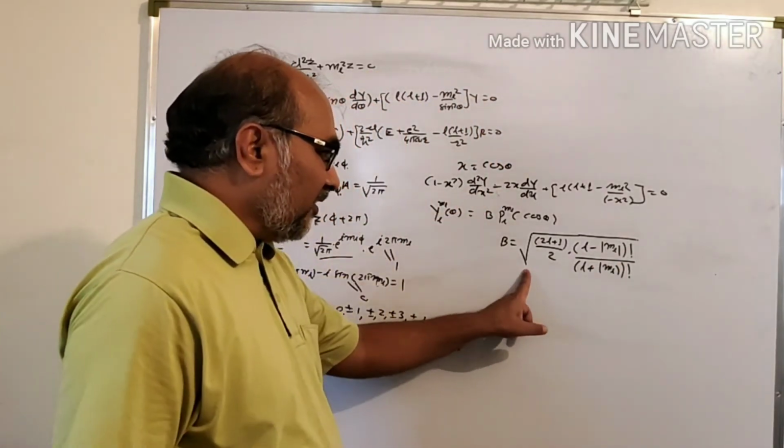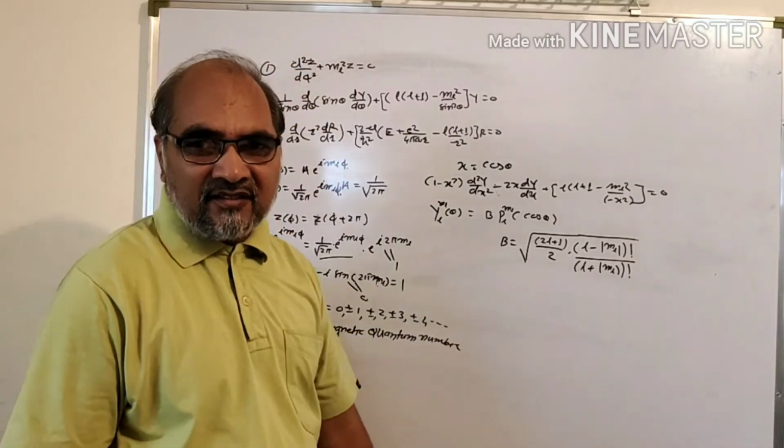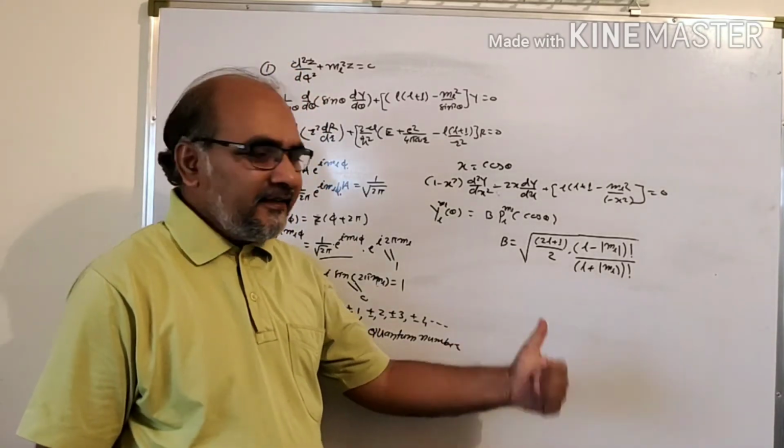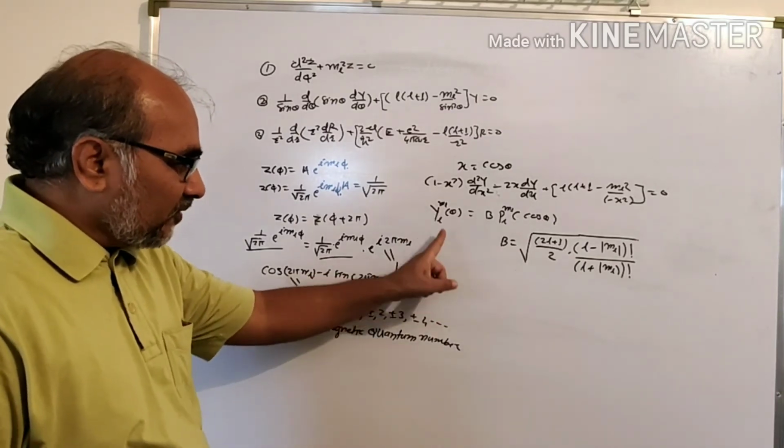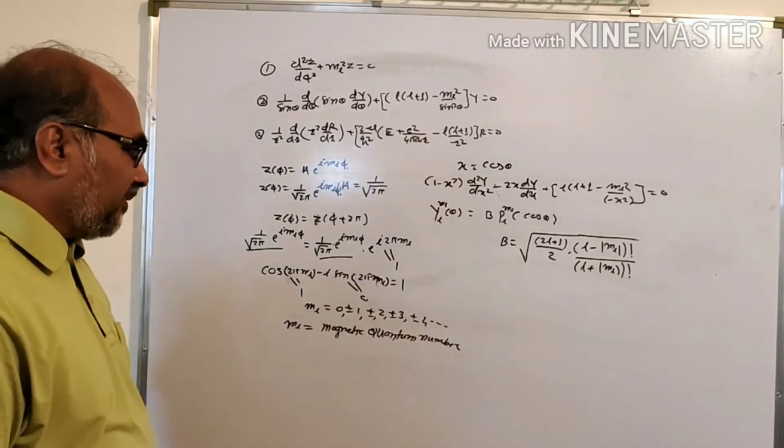This is the value of B, and from it we can find the solution for Y L ml.